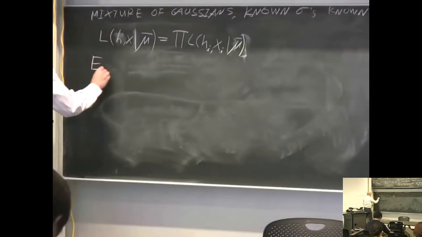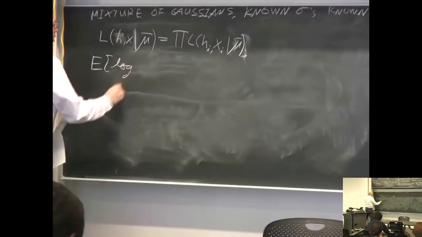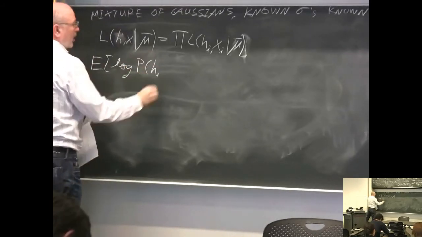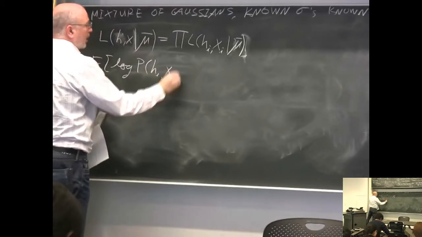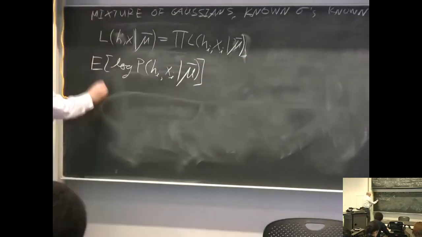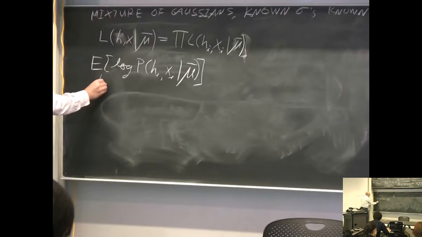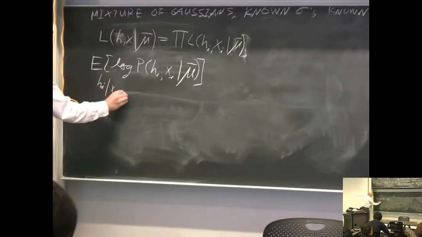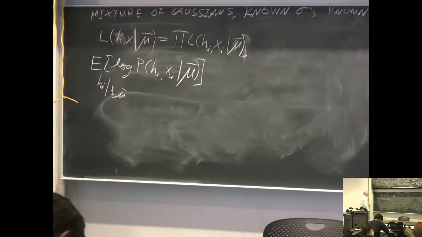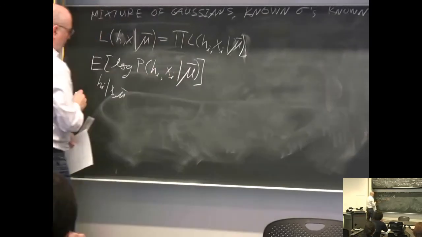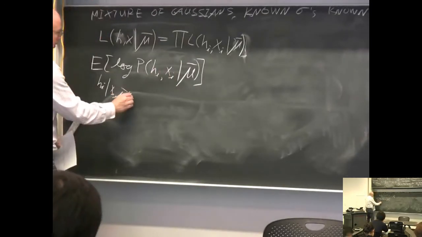So expected log probability of hi xi given mu. And it's expected under hi, under a weighting of hi that depends on xi and on my previous generation mu. So this is mu of iteration k.